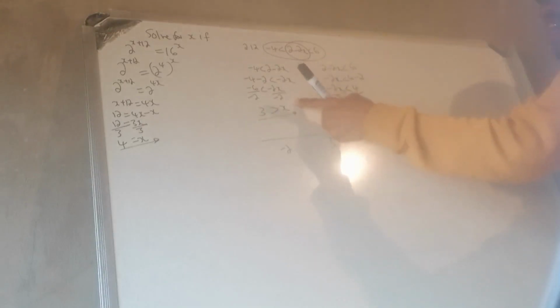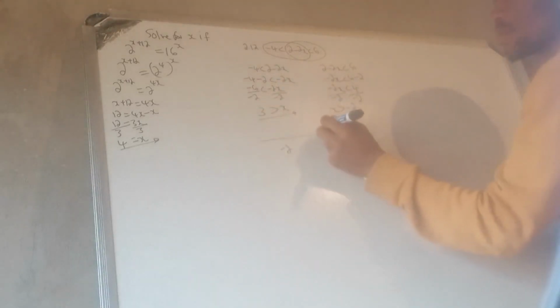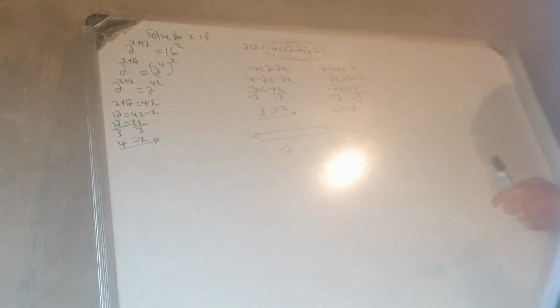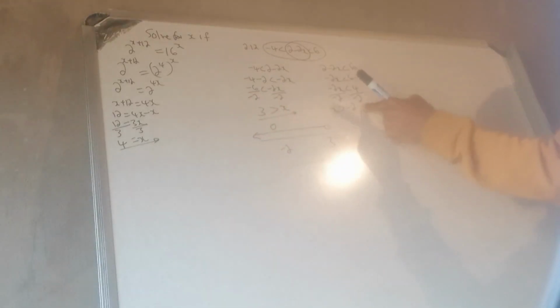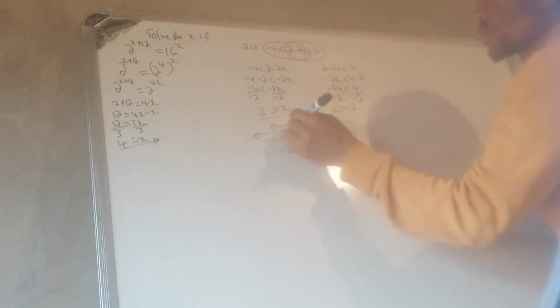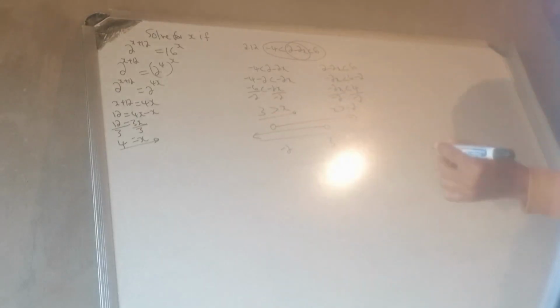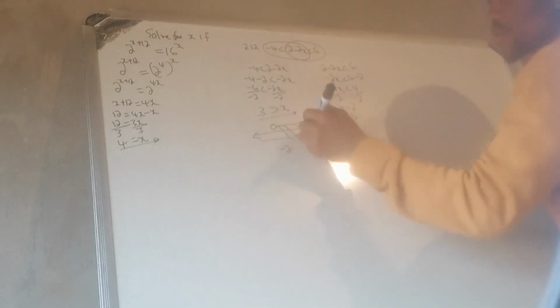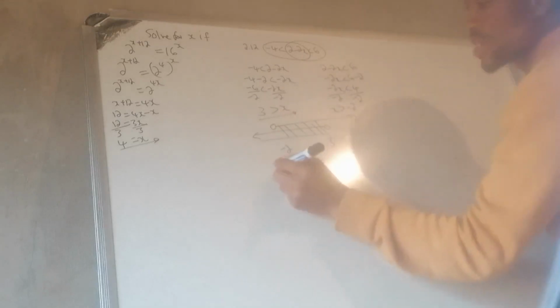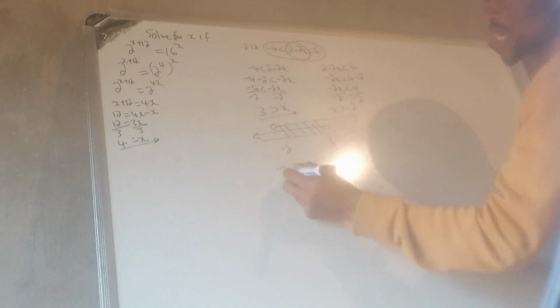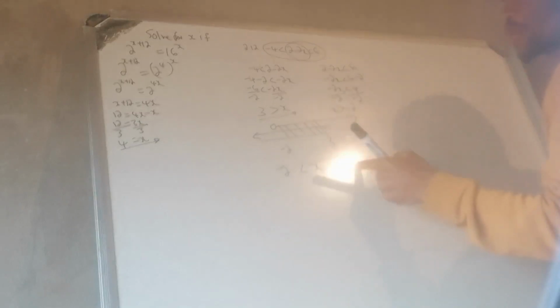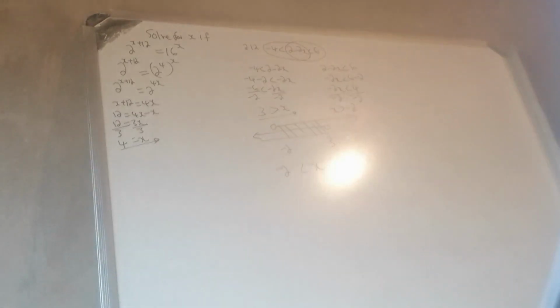We said values of x that are less than 3, and values of x that are greater than negative 2. Where is your solution? At the intersection. So x should be greater than negative 2 and x should be less than 3. That becomes your solution.